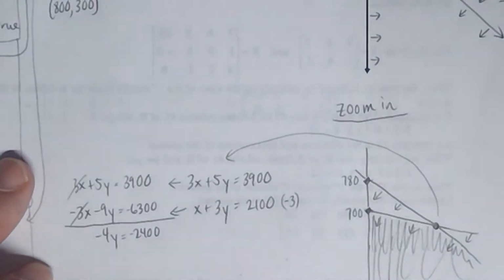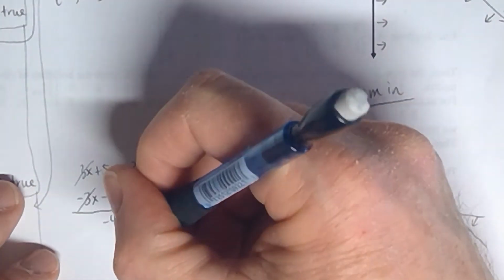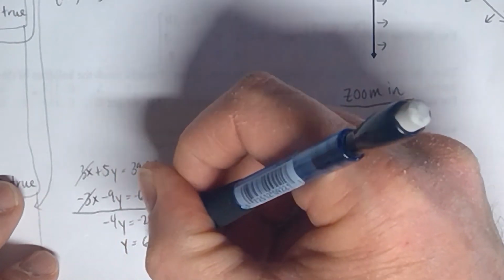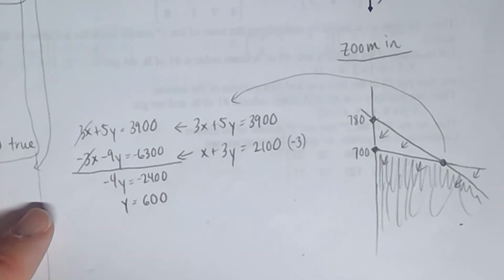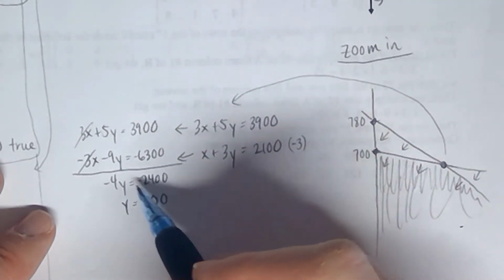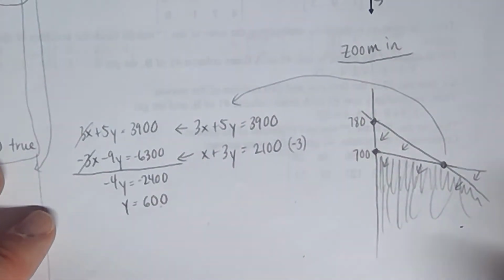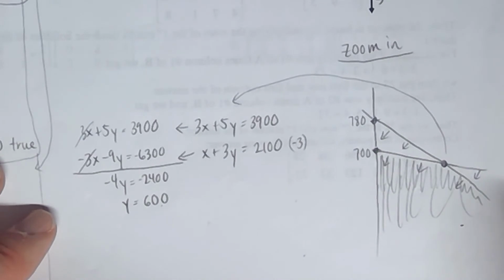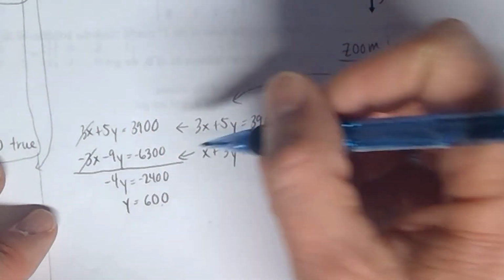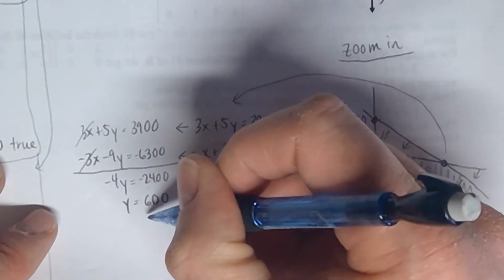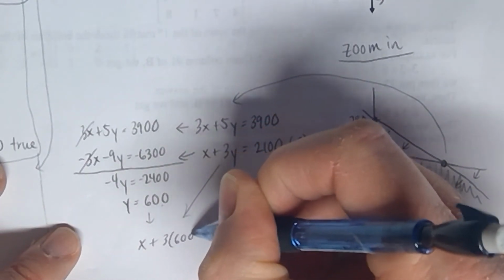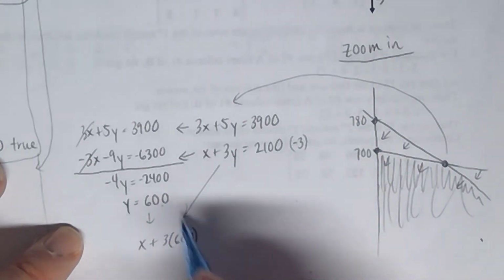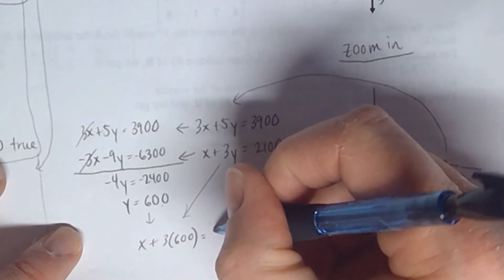So if I divide out the negative 4 now to solve for y, I get positive 600. Calculator will definitely come in handy here on a lot of these things. But if you divide that out, it divides into exactly 600. Then you plug it into any equation that has both variables in it. I'll just pick this one here. And I get x plus 3, plug in the 600 into y, right here, equal to 2,100.